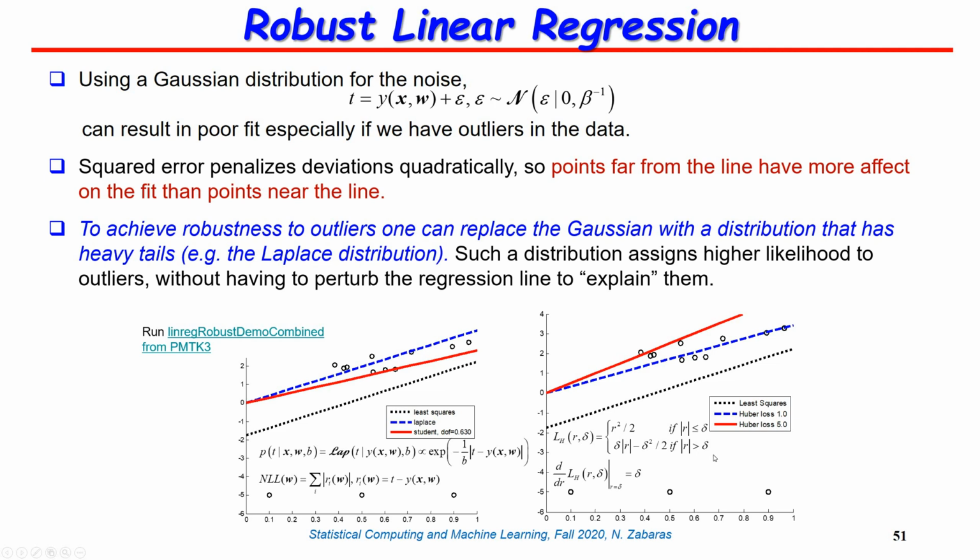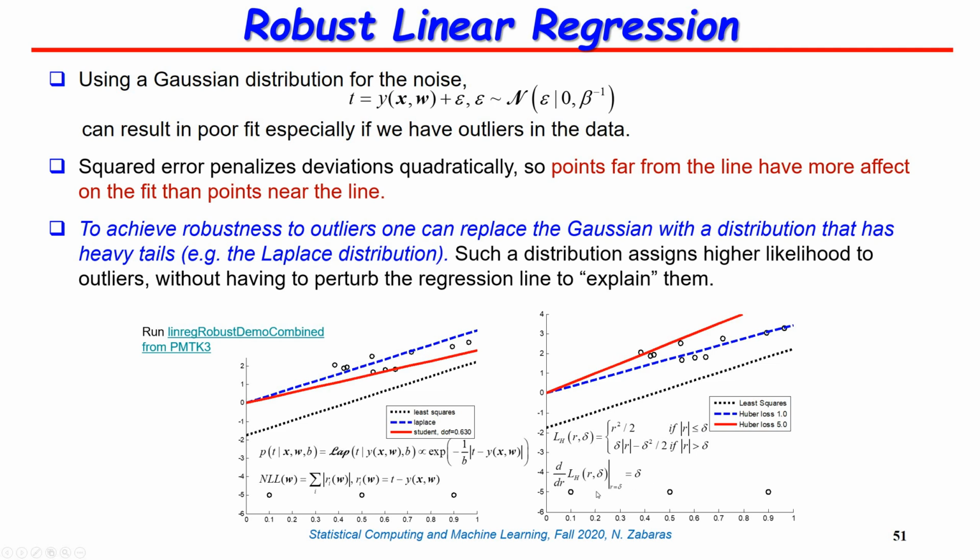But if it is away by more than delta, then maybe you use something that penalizes only proportionally to the absolute value.